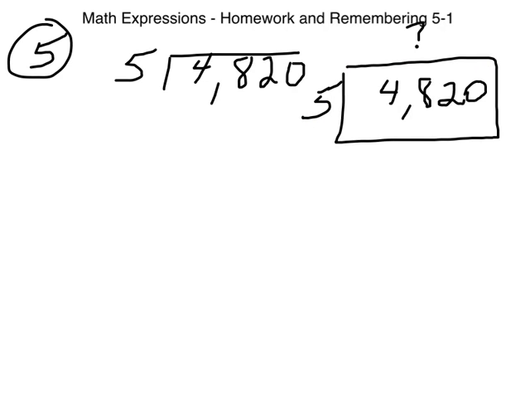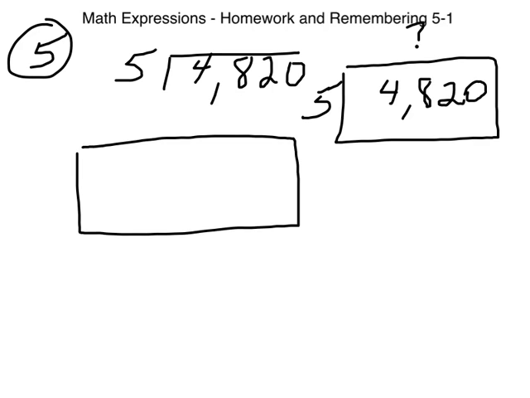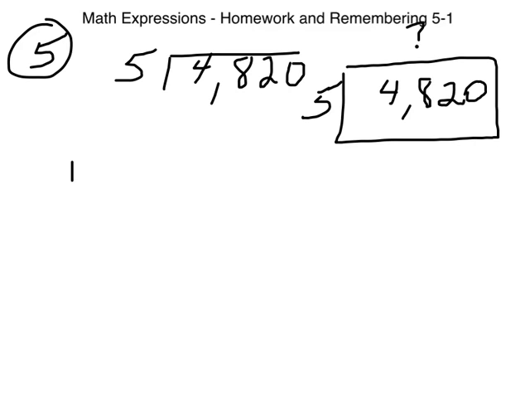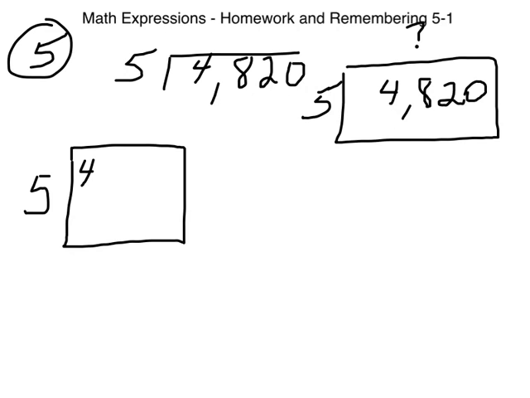So one way that we show to do this is the place value sections. And actually I'm going to make this smaller. So we have our number 5 on the width, and our number on the inside is 4,820. Now we're thinking, 5, how many times can it go into 4,820?